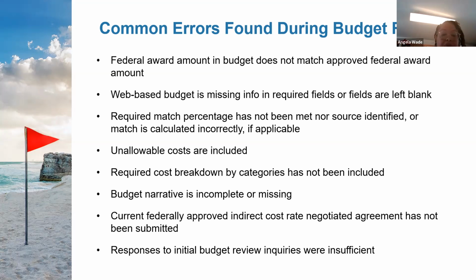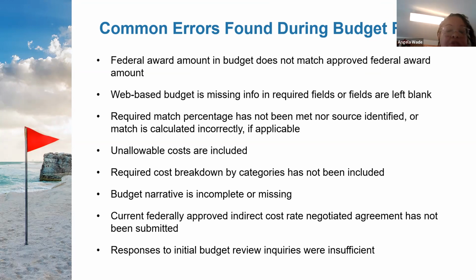Web-based budget is missing info on required fields or fields are left blank. This actually applies to just grants. So when you're entering that web-based budget in just grants, you want to make sure that you have not forgotten anything. Everything that you're required to submit is filled out, and nothing is left blank.